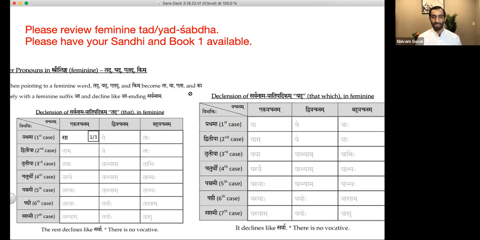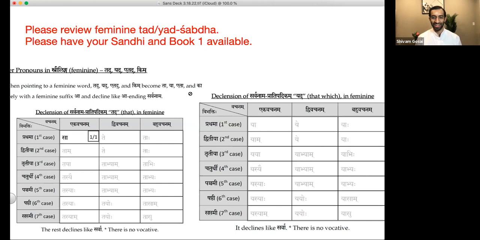Sixth case. Tasyaha, Tayoho. Then 6-3, Tasam. That one's always tricky. Then 7-1, Tasyam, Tayoho, Tasu. Okay, so we'll get another chance with this.